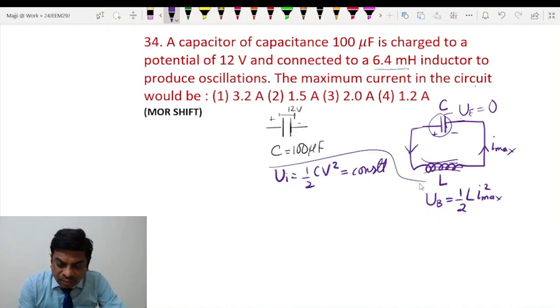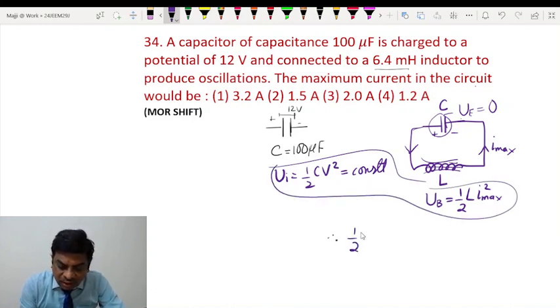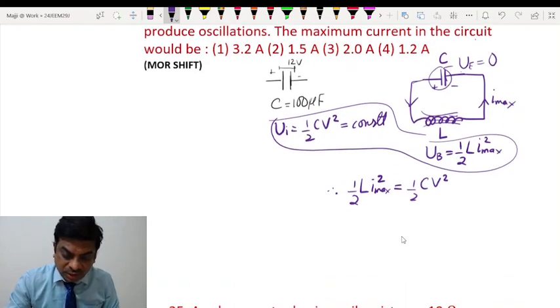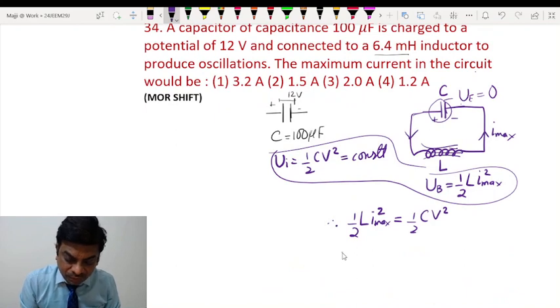So applying the law of conservation of energy, because energy remains conserved, we can write half L into I max square, that is the total energy, must be equal to the initial electrostatic potential energy of the capacitor. Is it students? Right.